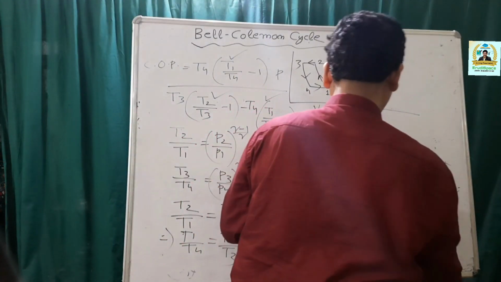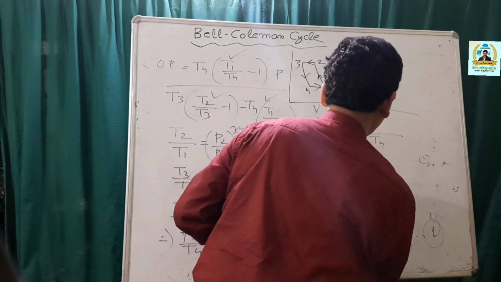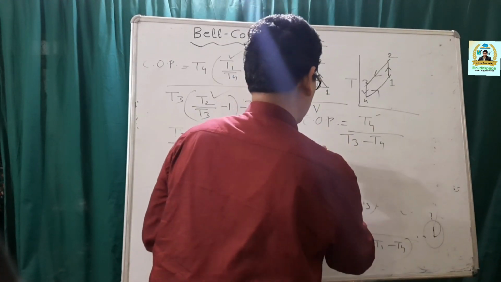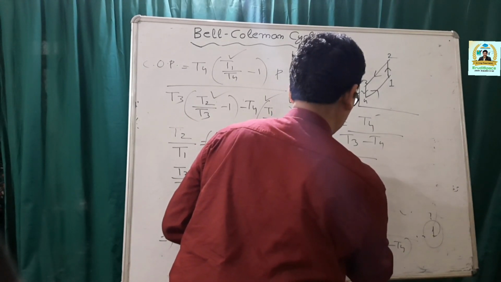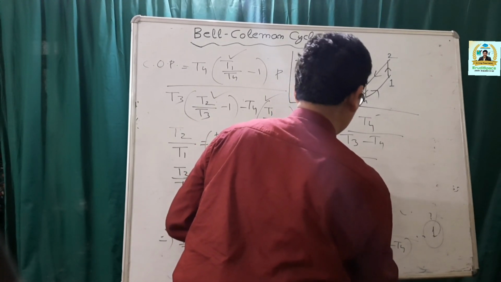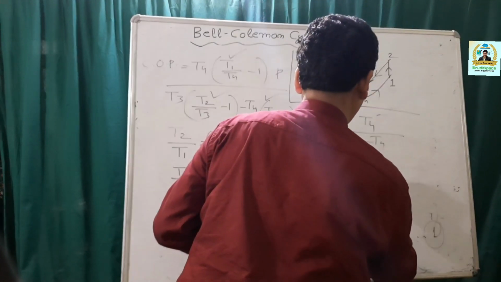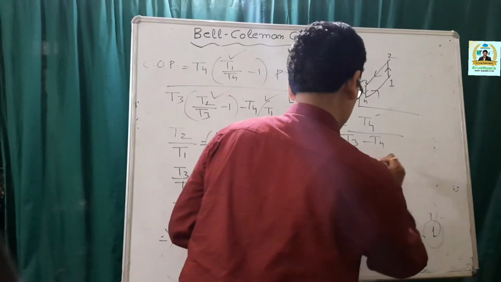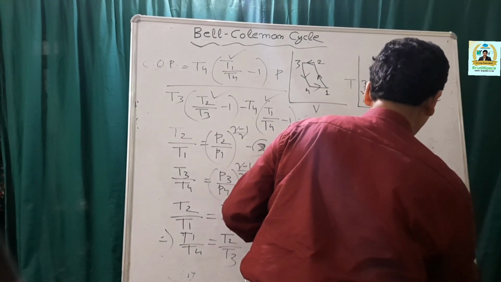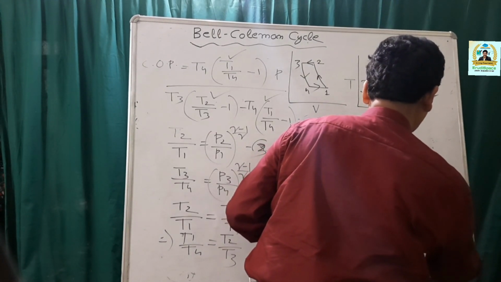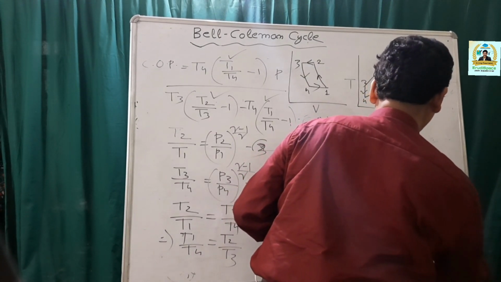And if you divide both the numerator and denominator by T4, you get C.O.P. as 1 divided by T3 by T4 minus 1. That is 1 divided by P2 by P1 to the power gamma minus 1 by gamma, minus 1.